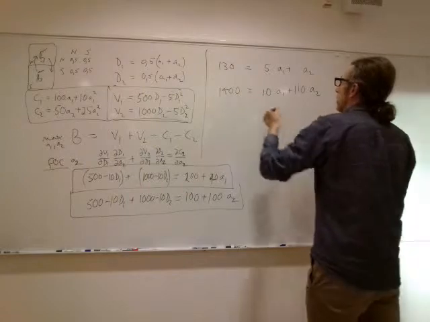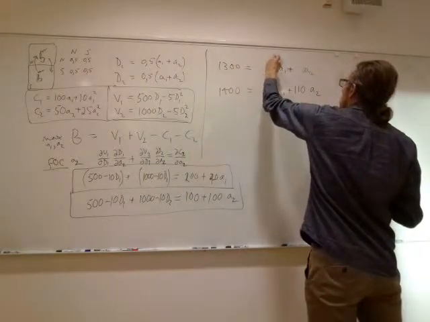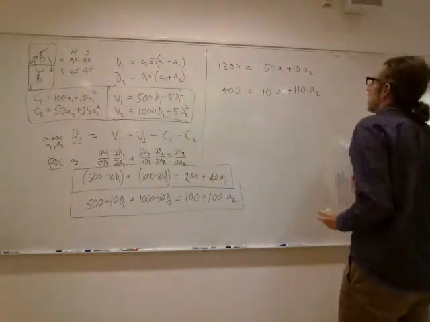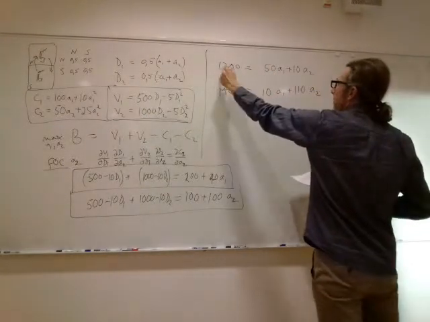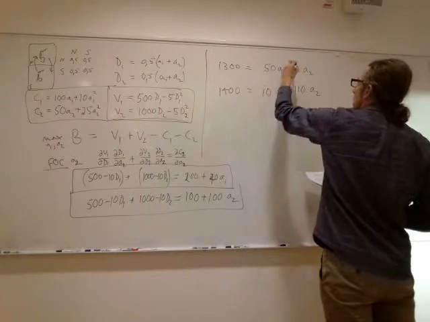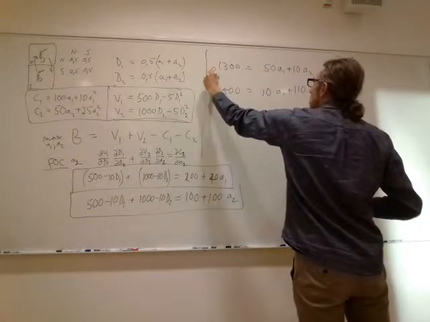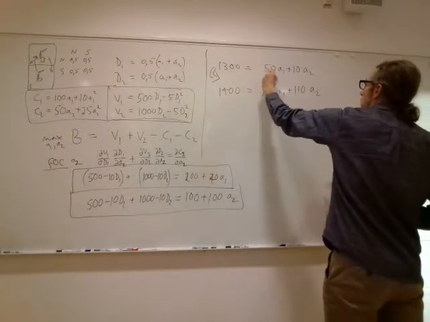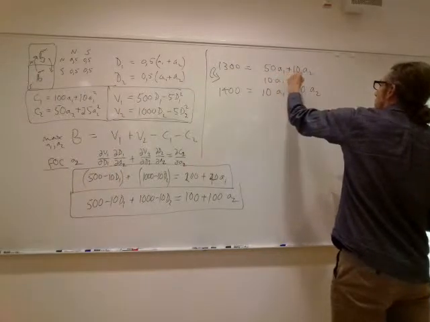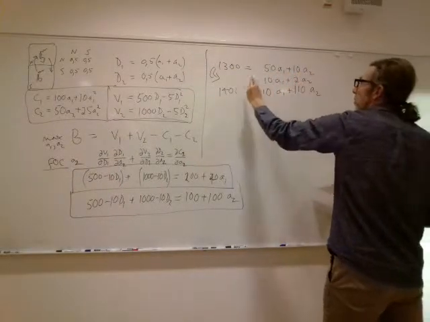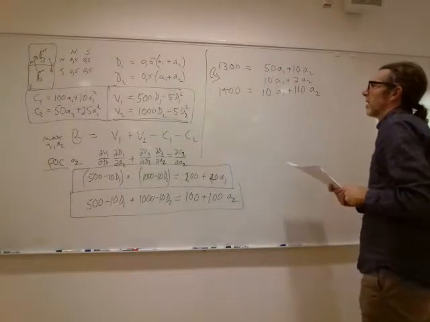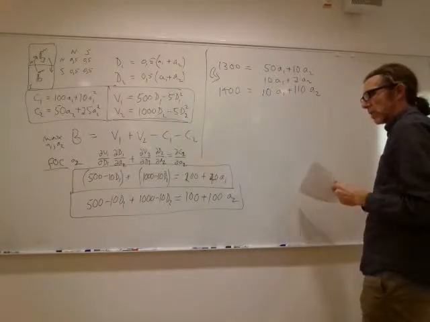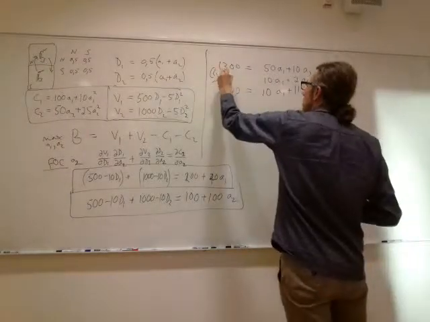Actually, let's not, because I want to divide this lot by 5 to get 10 A1 plus 2 A2, and 5 into 130 goes 10, 20, 26, so that's 260.